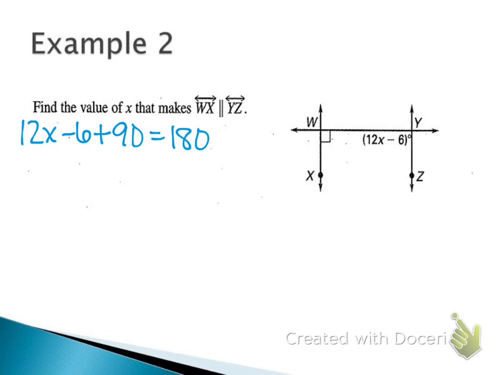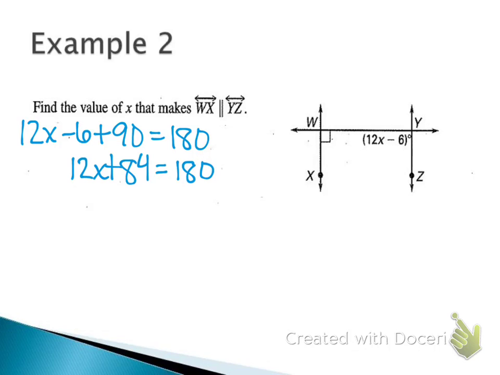I'm going to go ahead and work with the one I have written. So 12x, if we combine negative 6 plus 90, what do we get? A positive 84. That is still set equal to 180.